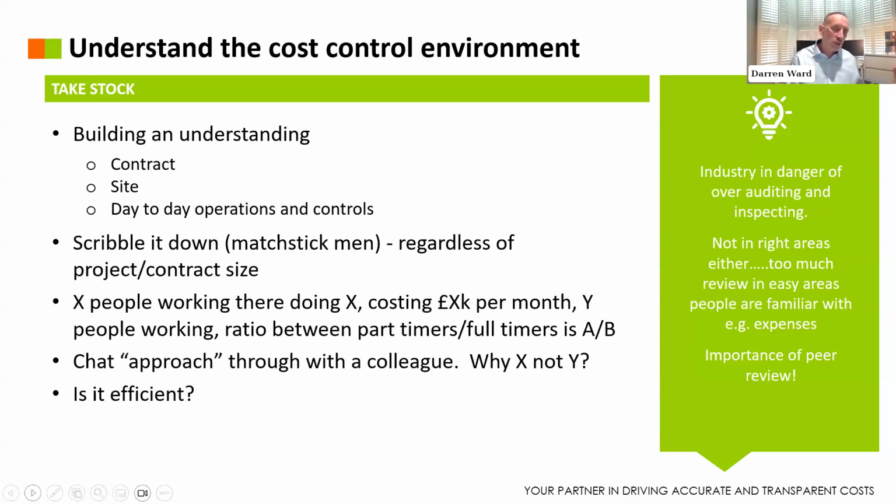Y people over here costing this. We've got people here that are part-timers, full-timers. You're starting to get a real feel for where people are on your project. That's starting to shape what you might want to go and test. Do you want to spend more time testing group of people X or group of people Y? More time testing staff, or labour?